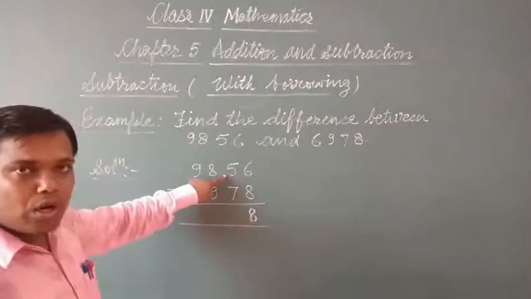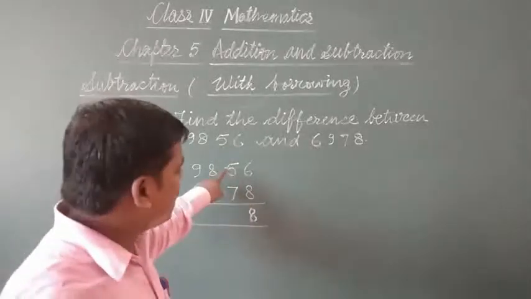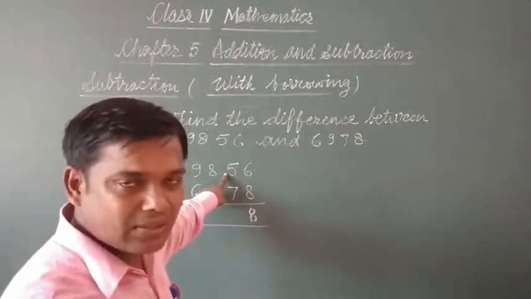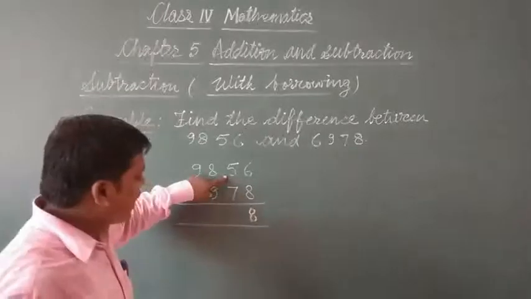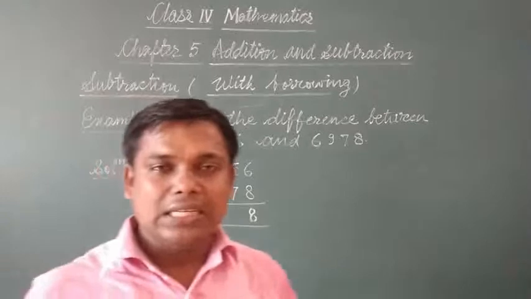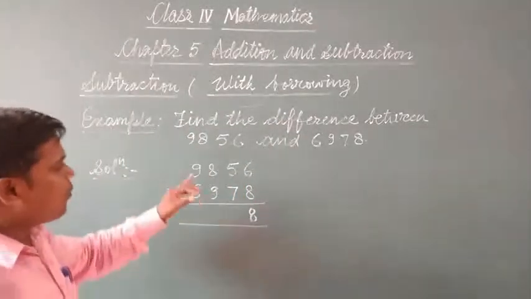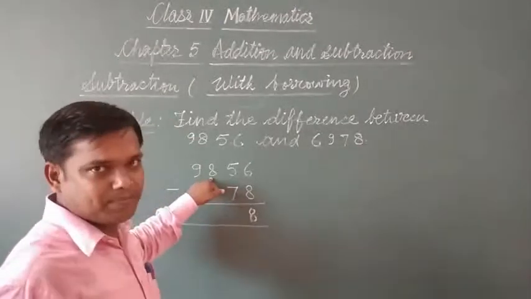Now, as we have already taken 10 from this 5, here 4 tens are left, or simply 4. Now we have 4 and here we have 7. We cannot subtract 7 from 4. So we will take borrow from the digit at hundreds place.